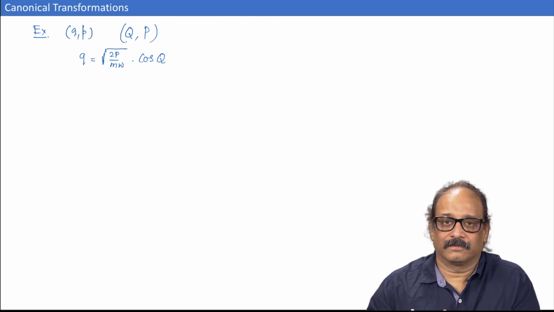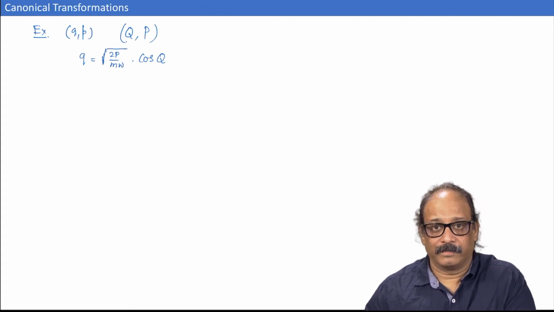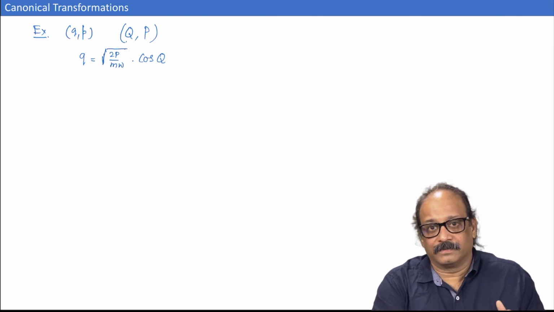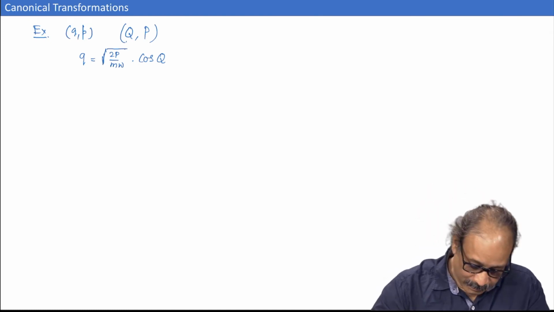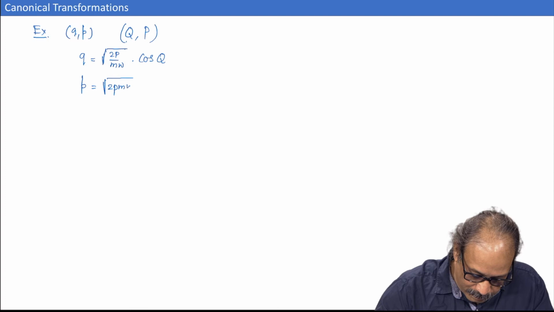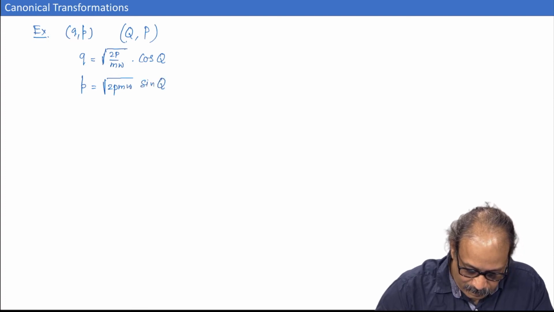You can also think of this as a transformation from canonical variables capital Q and capital P to the new variables which are small q and small p. Okay. Now, p is square root of 2P m omega into sin of capital Q.